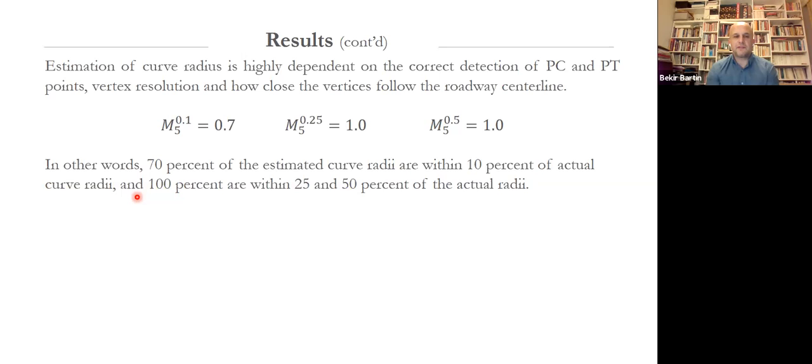Now we have 70% of the curves had radius values within 10% of the actual radius values, and 100% of the curves are within 25% of the actual radius. So this is a very good result, because let's face it, this is a freeway. So when you go from the freeway to the rural roadways, obviously these metrics start going down a little bit.